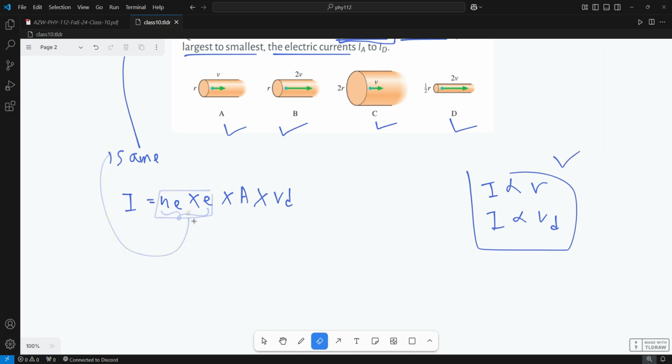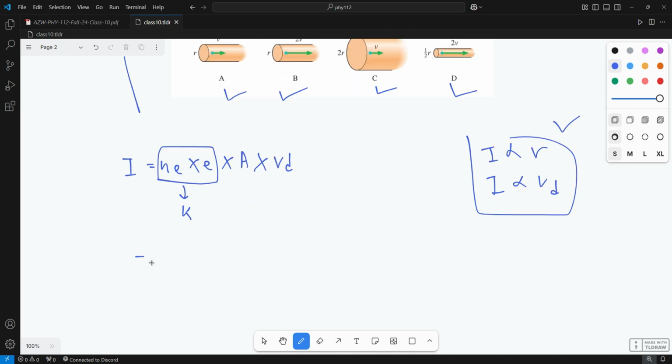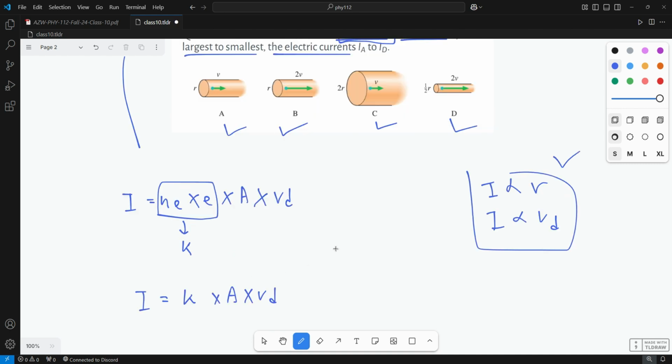So let us substitute N times E with a certain value, let's say K. So we can write I equals K times A times VD, right?